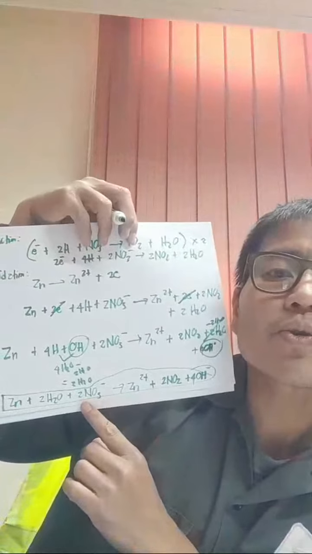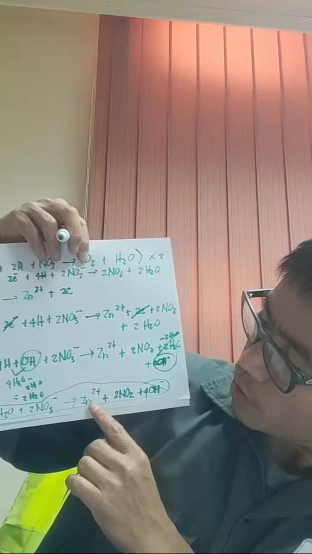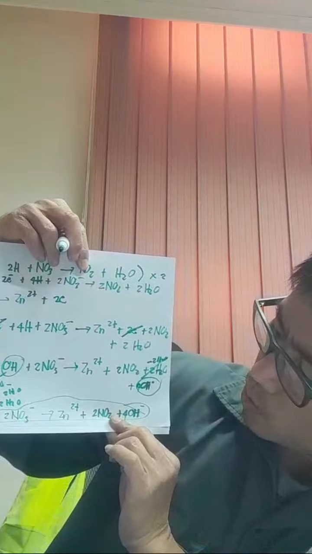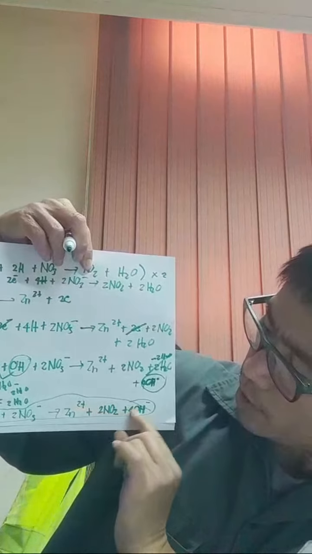This is very crucial. This is 0, this is negative 2, and negative 2 and negative 2, so negative 4, positive 2, so negative 2.